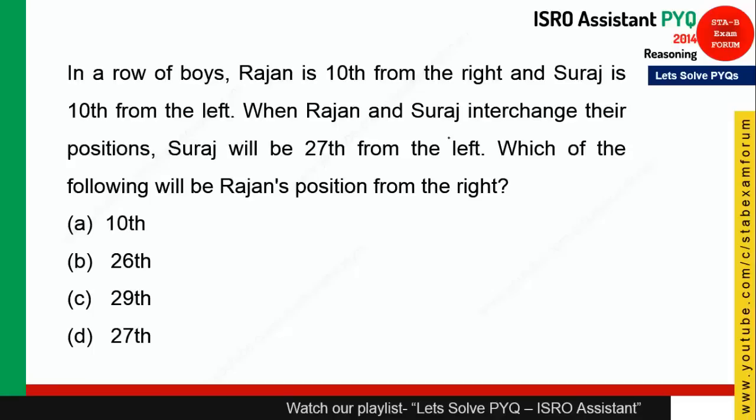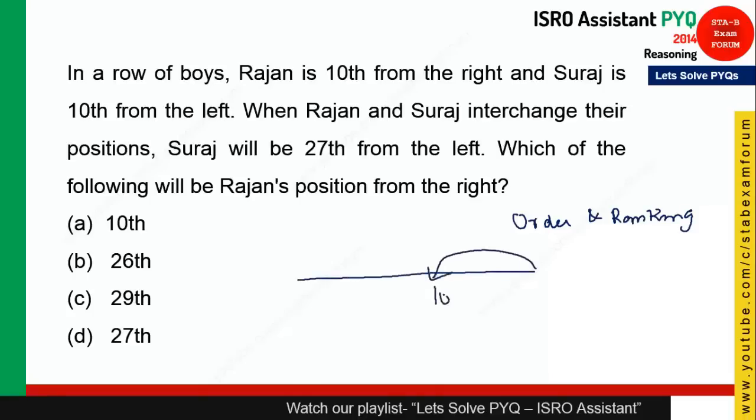Student, this question is from order and ranking. Let's see the question. In a row of boys, Rajan is 10th from the right. Suraj is 10th from the left.